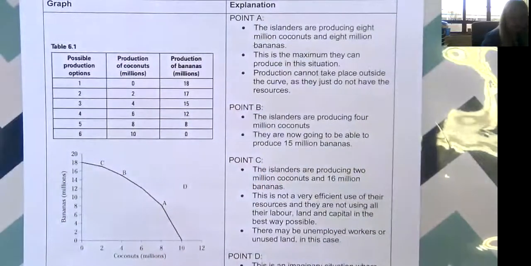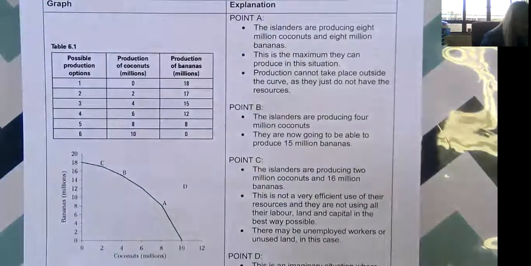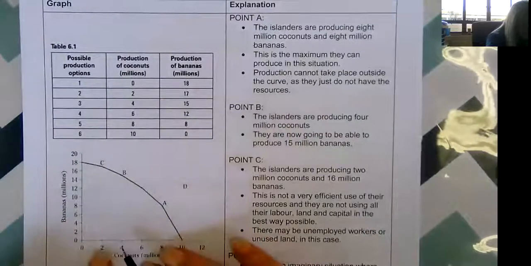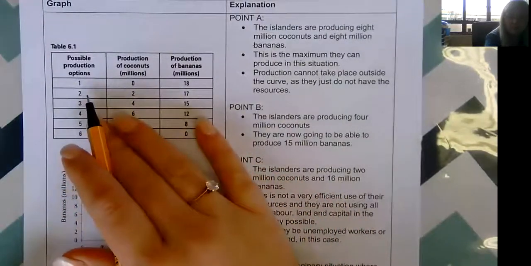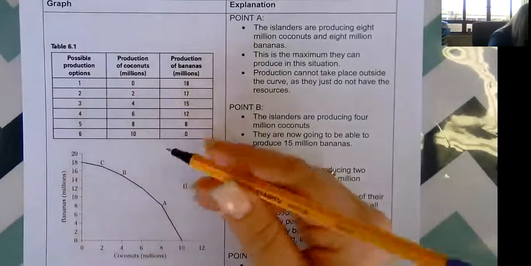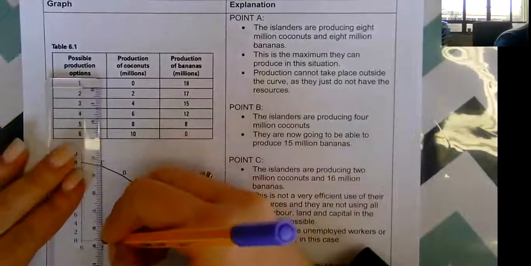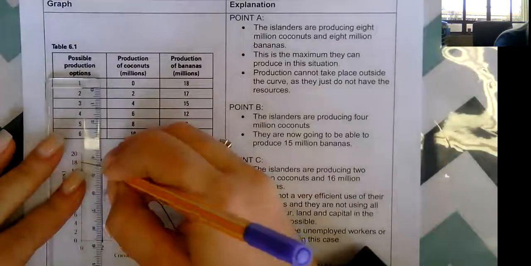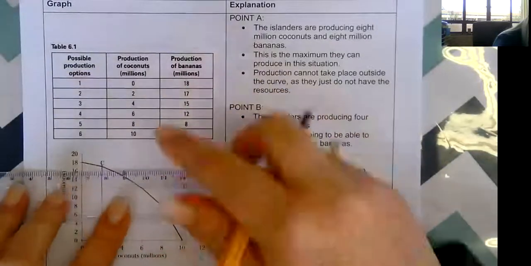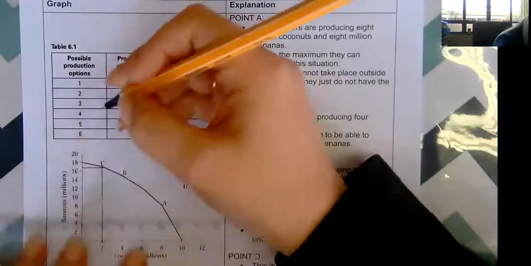So you can plot this as well. Now we have production possibility plot number 2. We have 2 coconuts and 17 bananas.